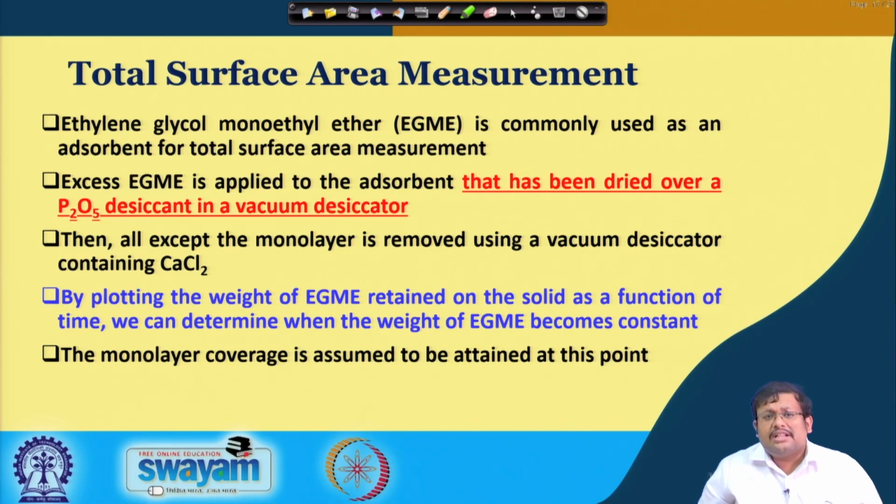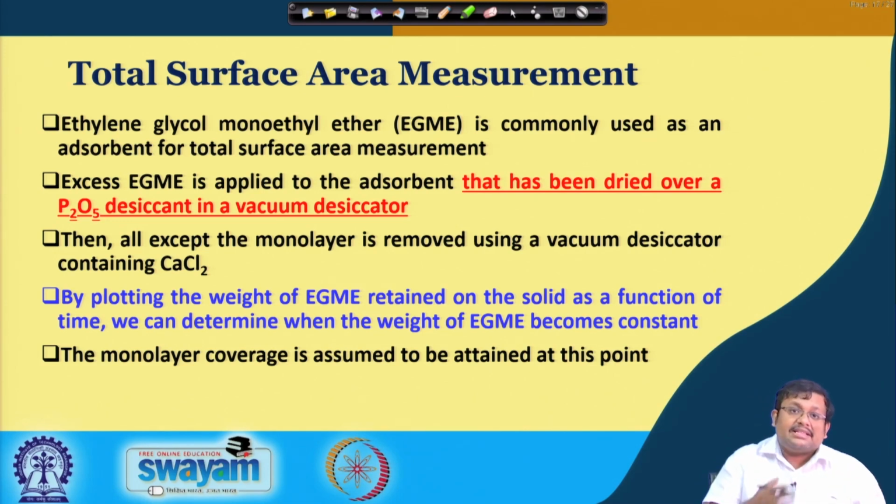Now, how to measure the total surface area? We also use ethylene glycol monoethyl ether, also known as EGME, commonly as an adsorbent for total surface area measurement. Excess of EGME is applied. How do we measure that?